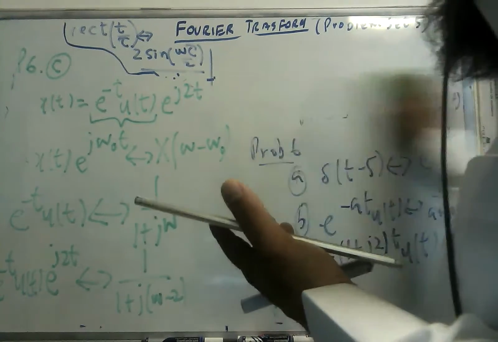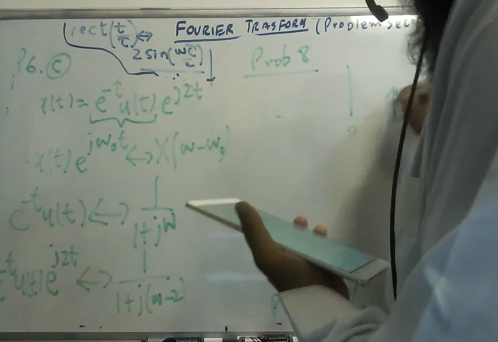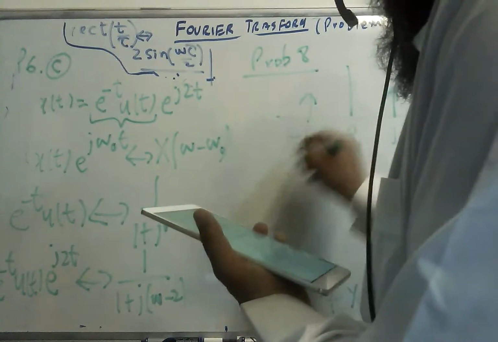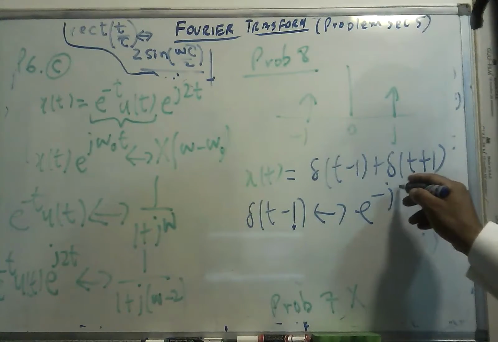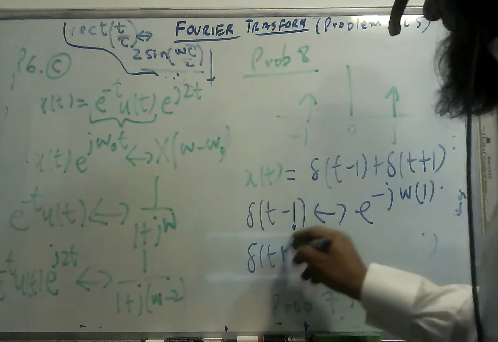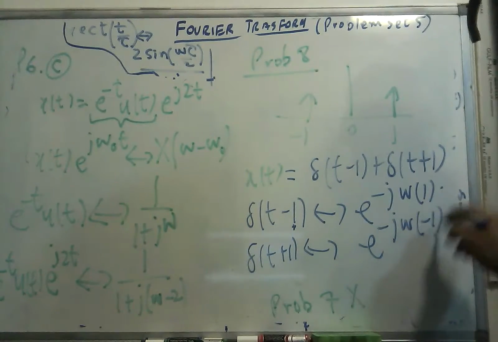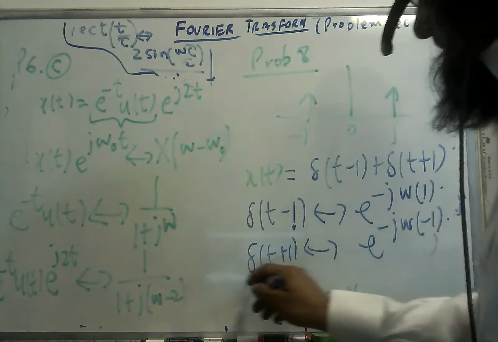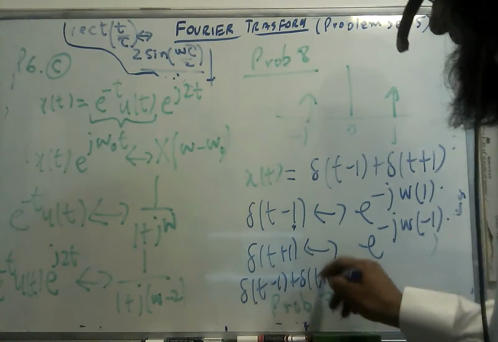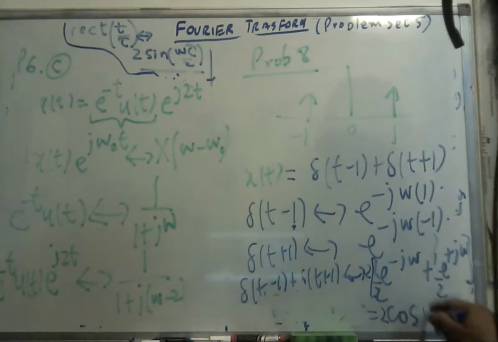Problem 8, my x, this is 0, and I have 2 impulses. So I can just write it. It is just j omega multiplied by 1, and delta t plus 1 will be e raised to the power minus j omega minus 1. So if I add the 2, yeah, but I also need omega.